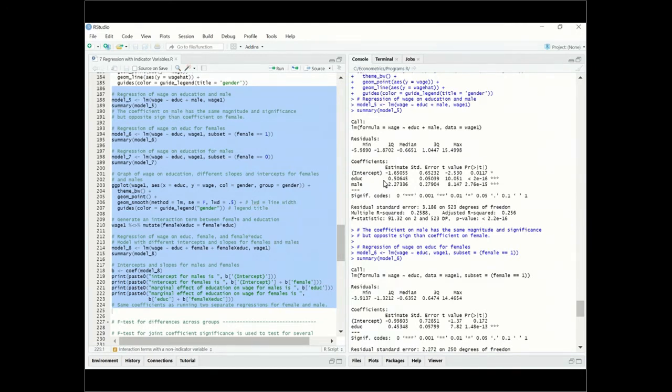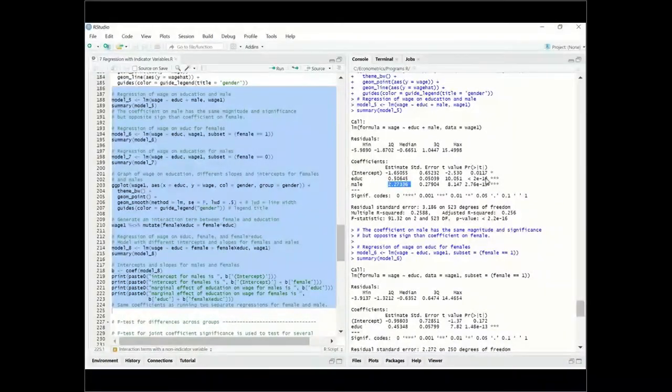Notice that the coefficient on education is exactly the same, whether we use male or female as the indicator variable. What happens if we include the male variable instead of the female variable is that this sign flips.